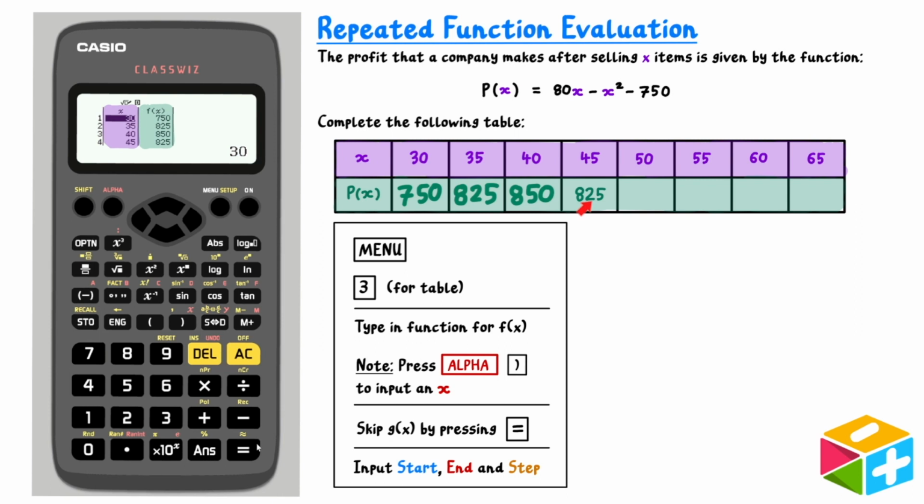It's 825. Thankfully, the output from the calculator agrees with this. This is a bit of a morale booster since it gives us confidence that we input the function correctly. To find the values for the rest of the blanks, we'll need to navigate downwards by repeatedly pressing the down arrow.